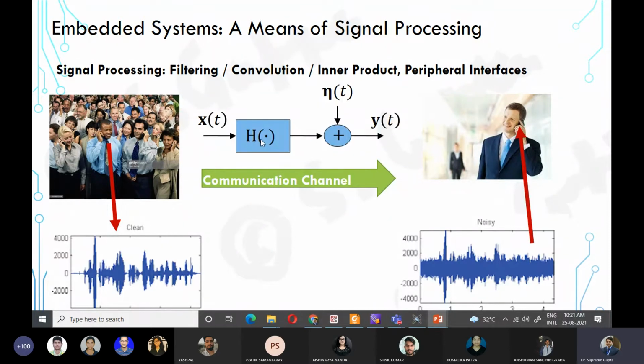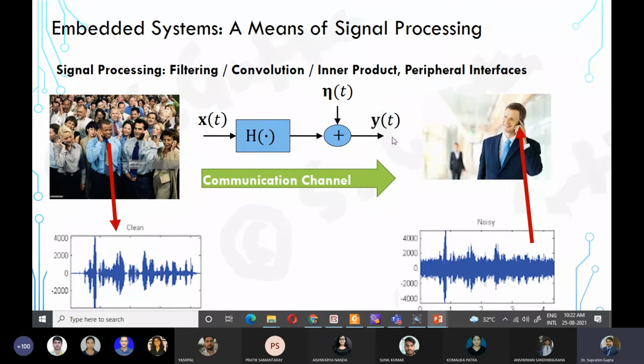So we can model that as if this primary user's voice is this x(t), which is passing through the sensor, which is your microphone at the transmitting end or the primary user end, and that has a certain model which produces the sound, this x(t), and then this eta(t) can be the surrounding noise, and then it is getting out, and this y(t) is received at this end.